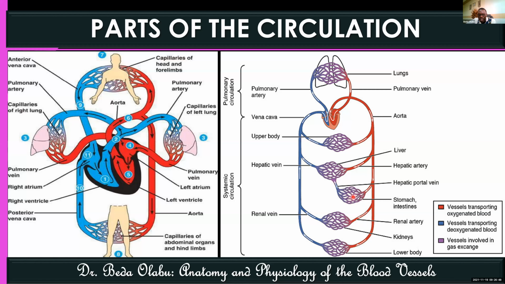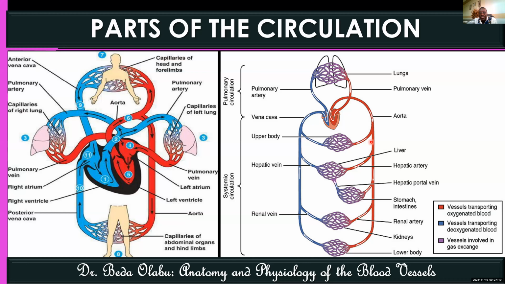You have one capillary bed there, another venous vascular channel, then another capillary bed, then back to the heart. When you have two capillary beds in one circuit, we call that a portal system. That's the spelling of portal. So a portal system is the existence of two capillary beds in one cardiovascular circuit.